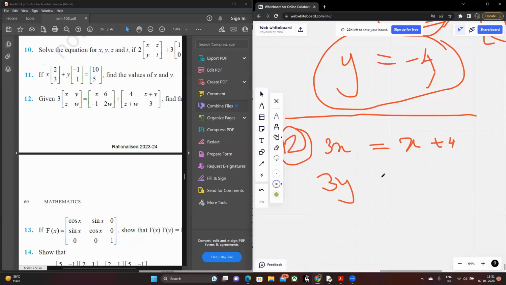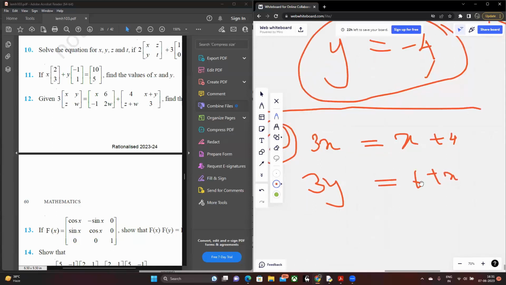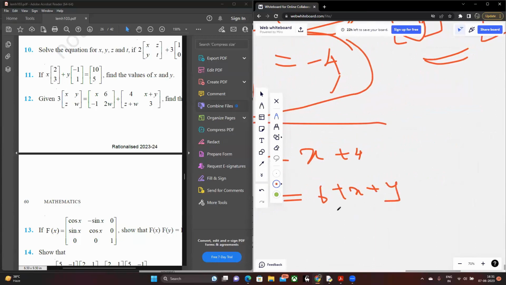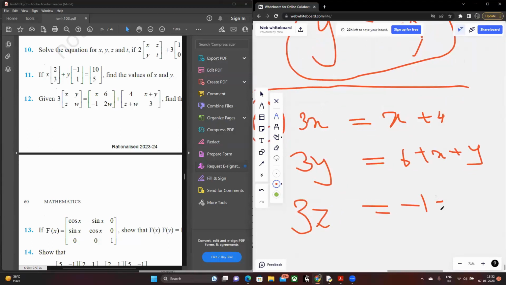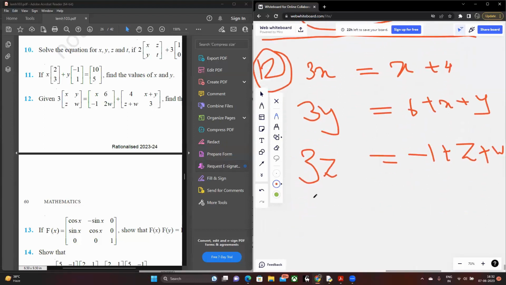We have 3y is equal to 6 plus x plus y. We have 3z equaling minus 1 plus z plus w, and 3w being 2w plus 3, right?